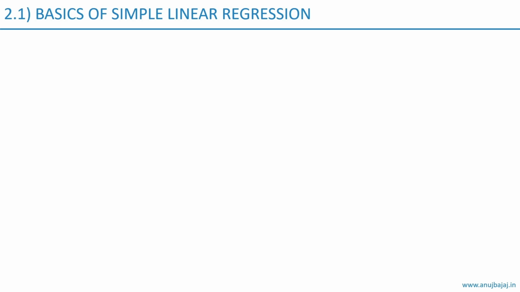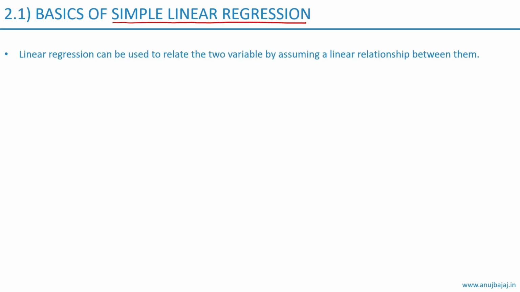In level 1, we will be studying the simple linear regression and multiple linear regression will be covered in level 2. So linear regression can be used to relate the two variables by assuming a linear relationship between them. Linear regression assumes a linear relationship between the two variables to explain or predict the dependent variable using the independent variable.